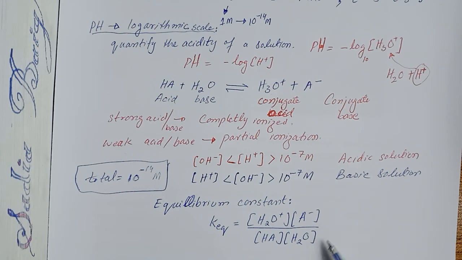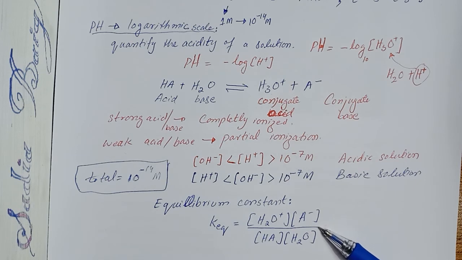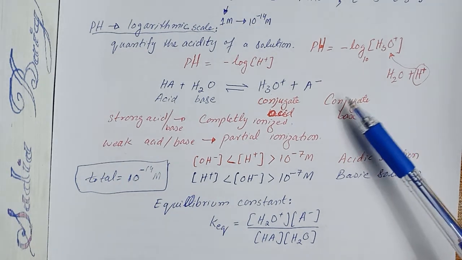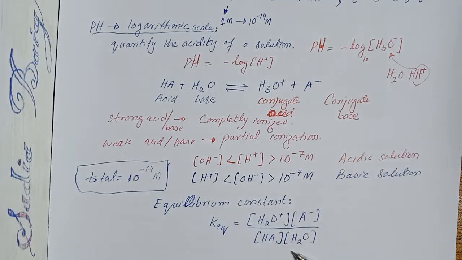The equilibrium constant for a particular reaction is given by the product of the concentrations of the species on the right side of the equation over the product of the concentrations of the species on the left side of the equation. However, because water is the solvent and its concentration is essentially constant, a more meaningful value for acid ionization comes from multiplying the equilibrium constant by the water concentration.